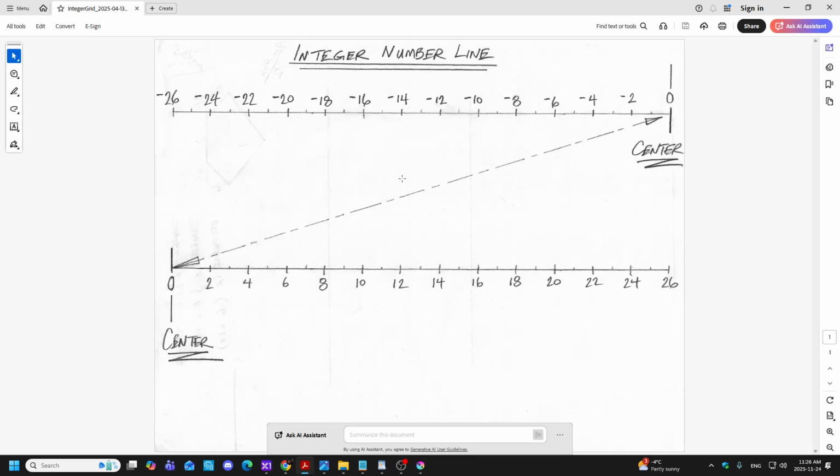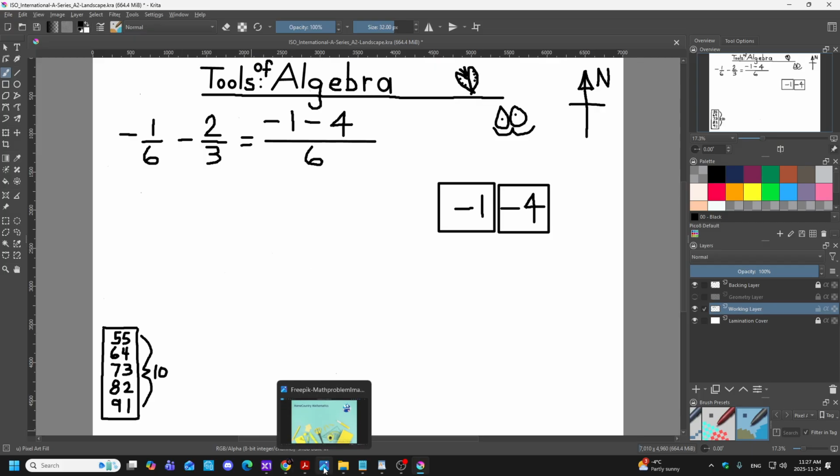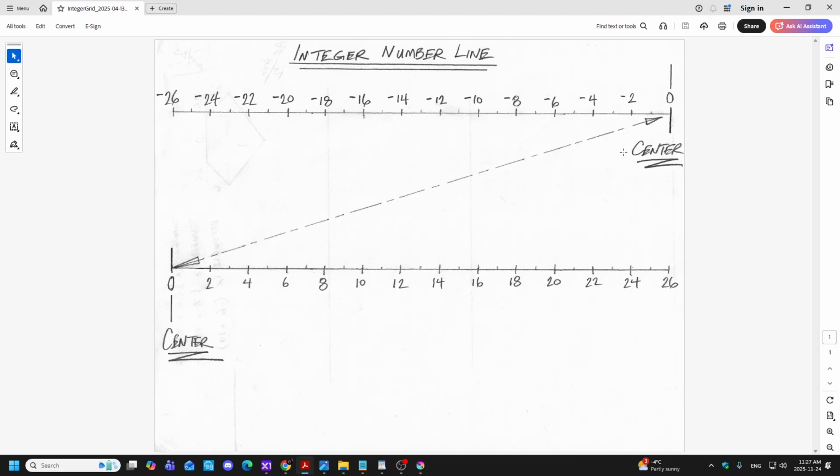All right, continuing on. -1, which is up here in the negative area. Awesome. Here we are, right? Gotta make sure you pay attention, as do I. Let's go. -1 and -4 jumps.